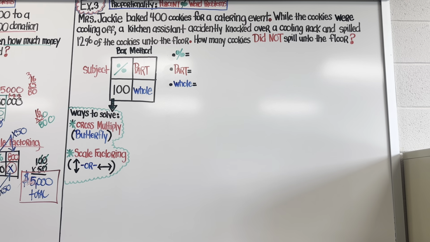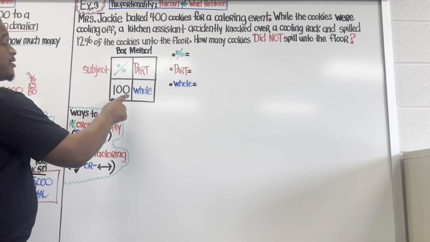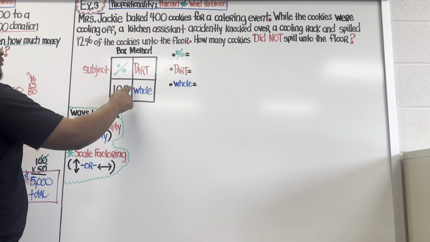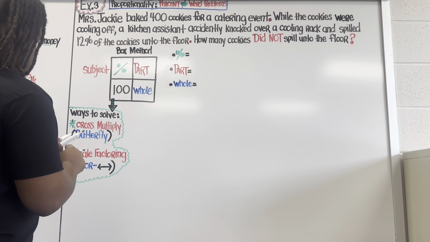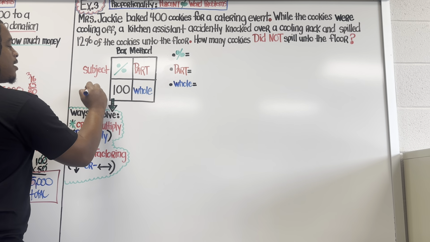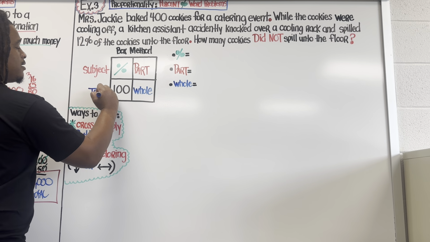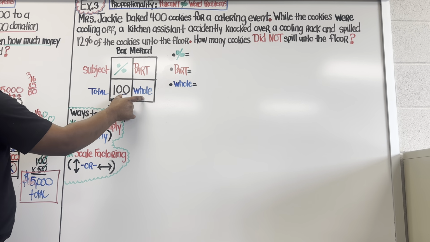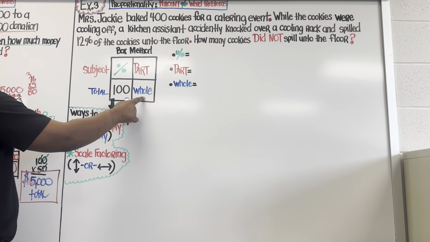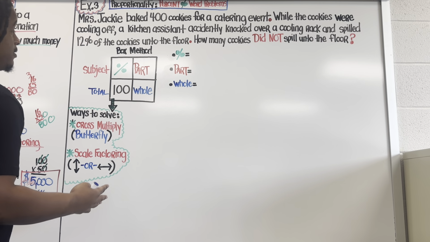Vertical or horizontally, okay? And remember, guys, whenever we solve percent word problems, the only parts that we have are these 3 parts. 100 would always be 100 because 100 represents the total. So let me also put that in the subject line, okay? The bottom row always represents the total, guys, which is 100 and the whole or whatever we're talking about, okay?